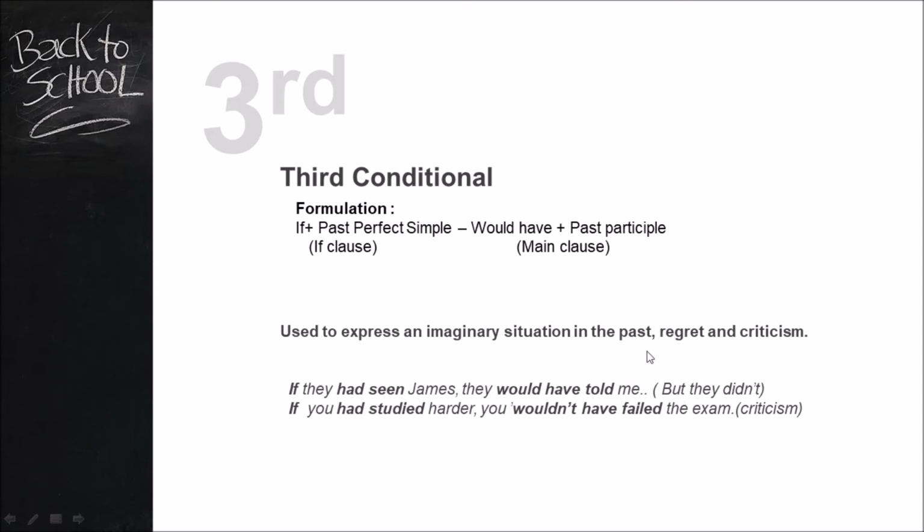This is just a situation that is imagined and not true. If you had studied harder, you wouldn't have failed the exam. This is a criticism. It means you hadn't studied and you failed.